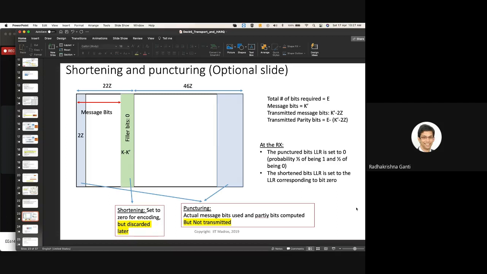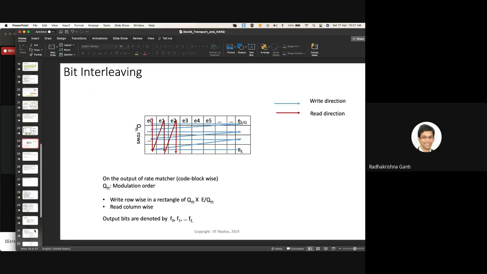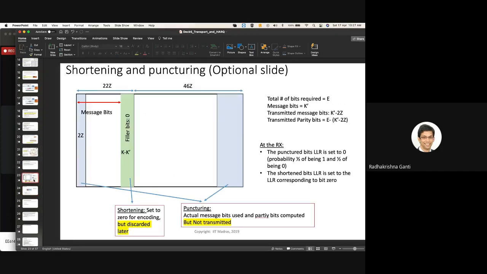Any questions? Okay. So next class onwards, I'm going to teach you a little bit about layer mapping and MIMO.